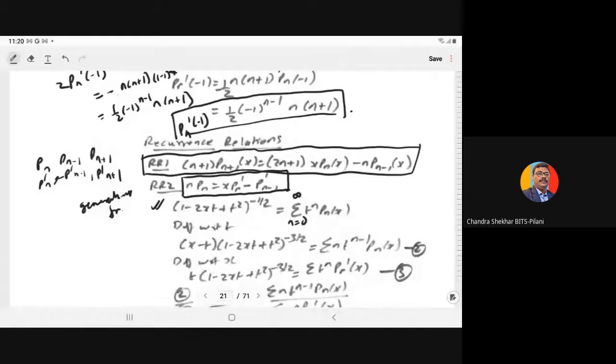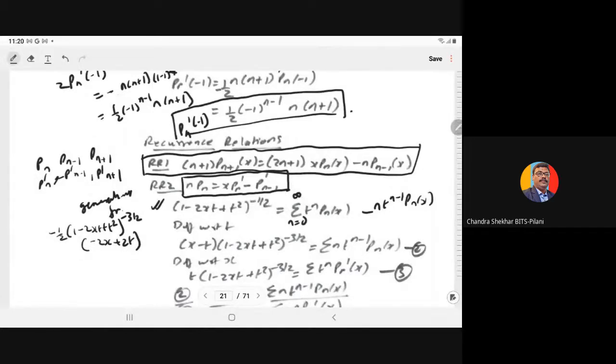Now if you differentiate with respect to t, this will give you minus half (1 minus 2xt plus t square) to the power minus 3 by 2 into (minus 2x plus 2t). And from the right side we have n t to the power n minus 1 P_n(x).